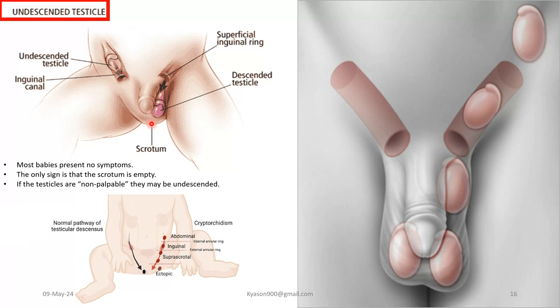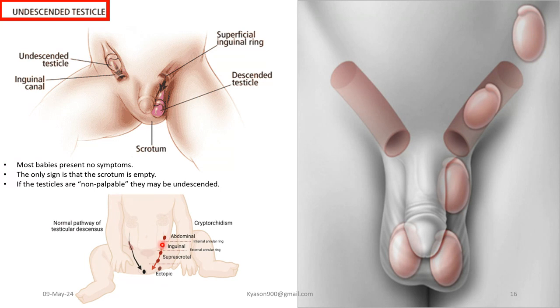So if they are not sufficient, it's possible for a baby to be born with either both testicles not in the scrotum or one not in the scrotum. In either case, that condition will be called cryptorchidism.